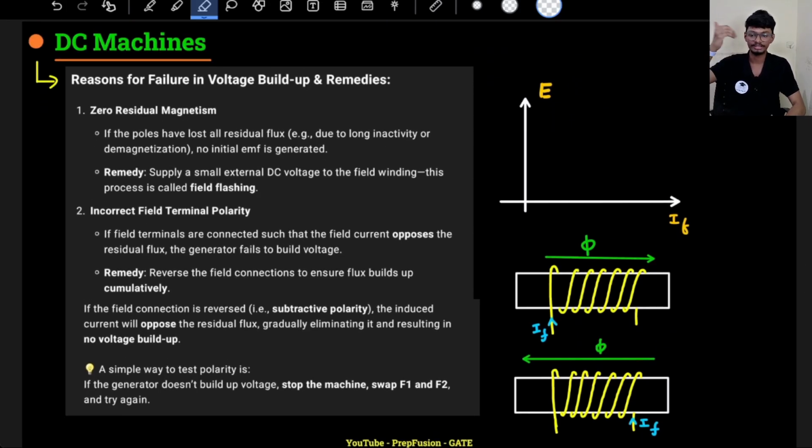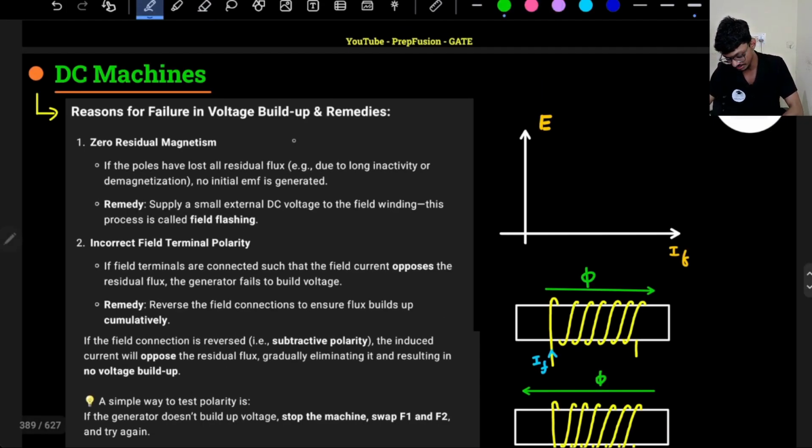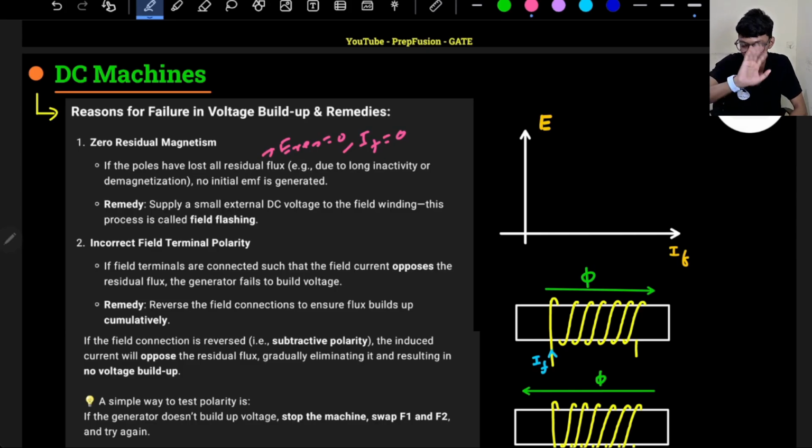If I assume my core to have no residual magnetism, that means what? My E residual also will be zero. If my E residual is zero, simply there will not be any field current. So of course the voltage buildup process will not start. So that was our assumption, that there is some residual magnetism, right?